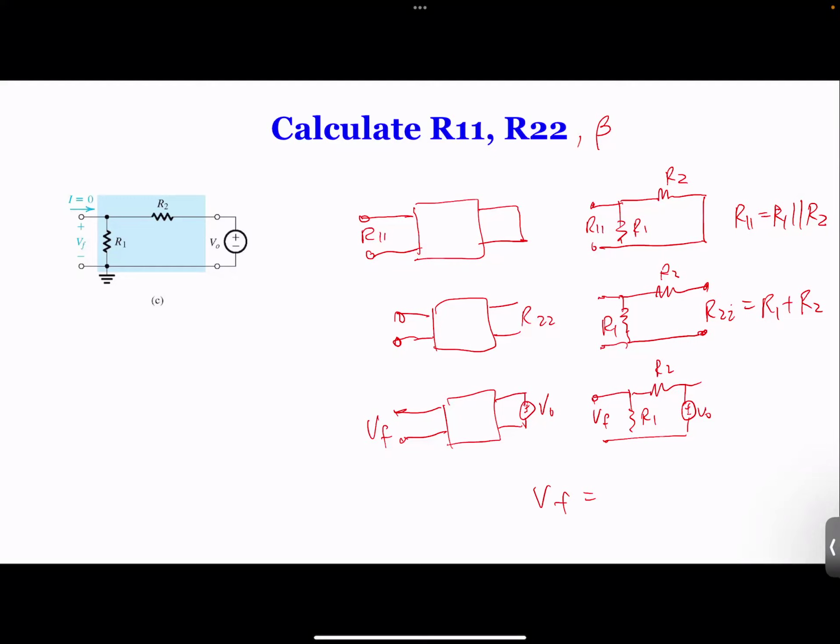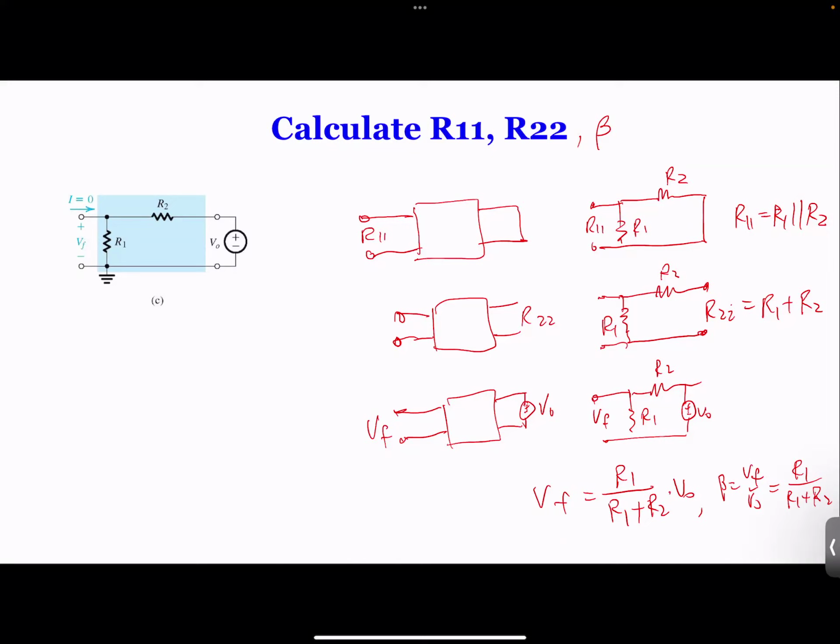If you use VO divided by R2 and R1, you get the current, and then multiply by R1, you get the voltage. So this is a voltage divider. With the voltage divider, you can write VF equal to R1 divided by R1 plus R2 times VO. So this gives you beta equal to VF over VO, that is basically R1 over R1 plus R2. Okay, so from here we get beta.